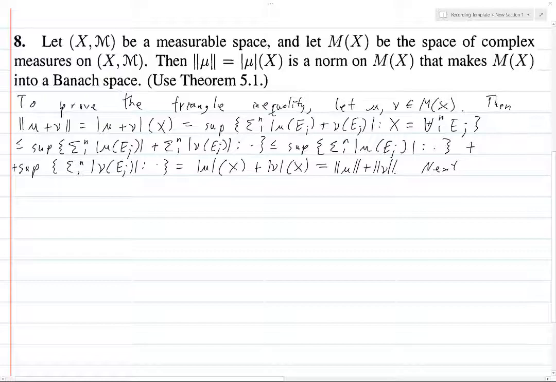Next, if lambda is some, let's see, this is a complex measure, so this needs to be a complex scalar, then we've got the norm of this measure is by definition the supremum, sum from 1 to n of, we've got this lambda in here, that guy's hanging out, but we can pull him out front, because the absolute value of lambda just factors out before the sum, and then you can take it outside the supremum as well.